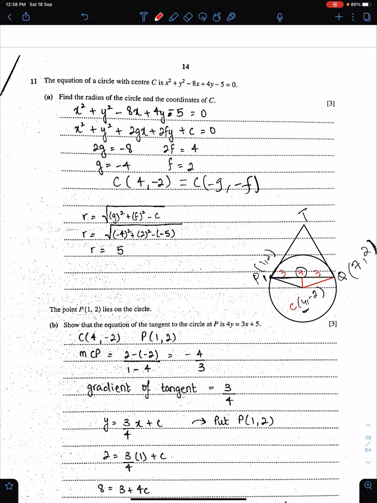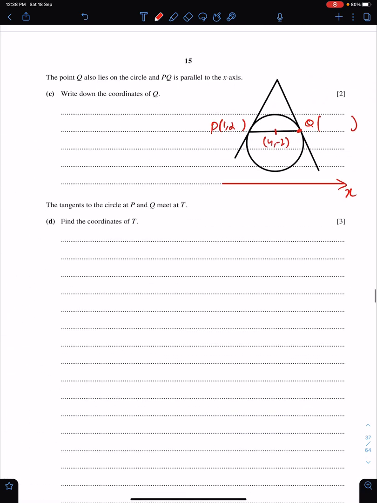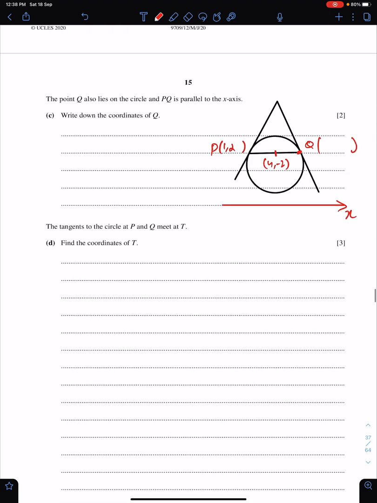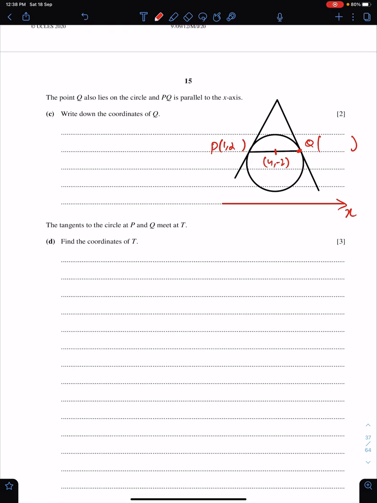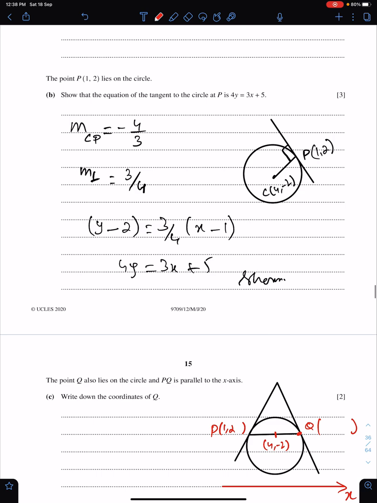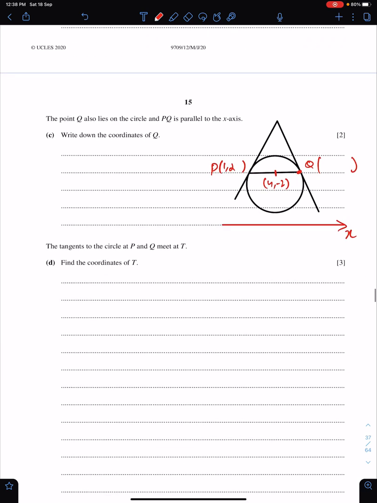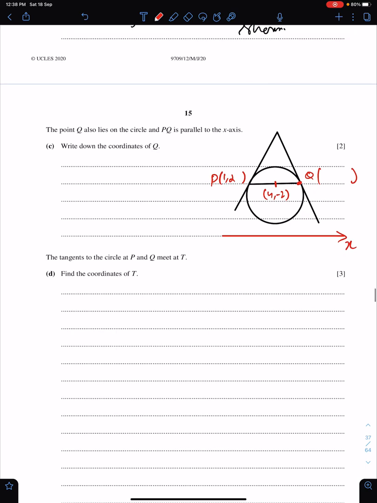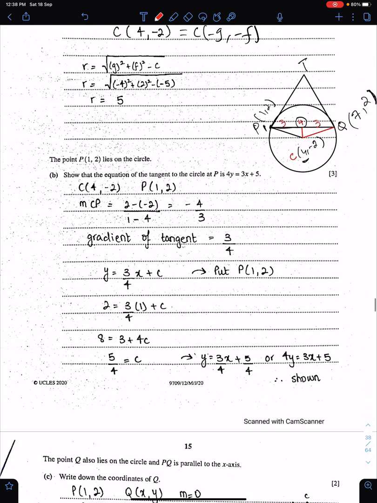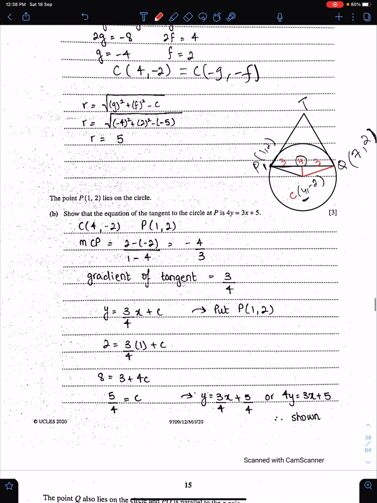It says PQ is parallel to the x-axis and coordinates of P are 1, 2. Parallel to the x-axis means the y coordinate should be the same.